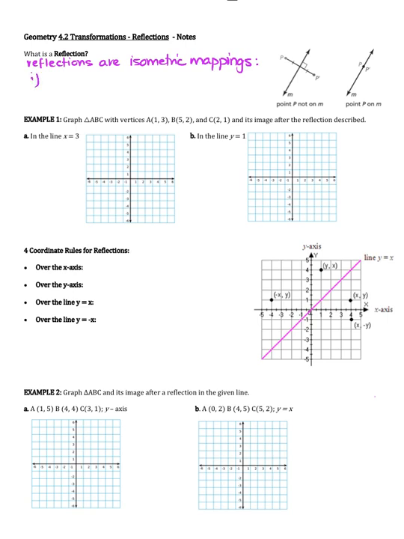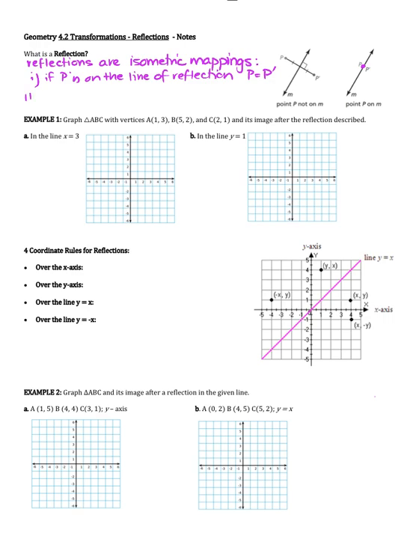We have two examples over here. If a point P is on the line of reflection, like you did in the exploration, then notice P equals P prime. So the pre-image and the image are the same.